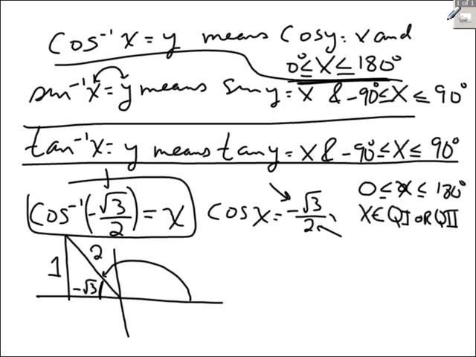Okay, what is that angle? That's angle x. Well, if we knew the reference angle would be okay. This reference angle is 30 degrees. So x must be 150. X is going to be 180 minus the reference angle, or 150.